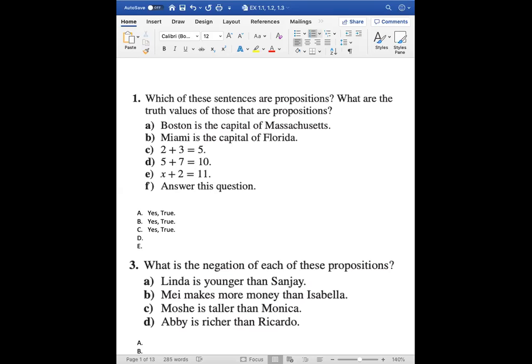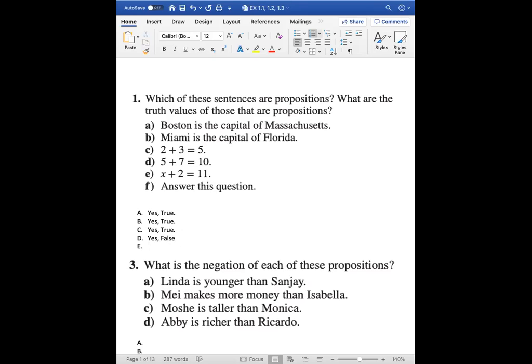Part D: 5 plus 7 equals 10. This is a proposition, but the truth value is false because 5 plus 7 is not equal to 10. Part E: x plus 2 equals 11.